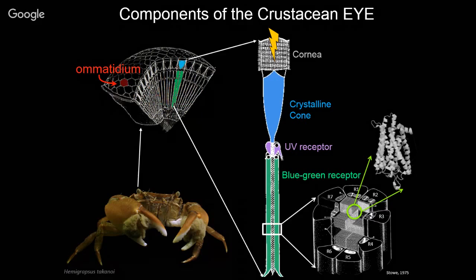So one thing to take note of is that in most animal species, there is one visual pigment that's responsible for the blue-green sensitivity of the main receptor, and there's another visual pigment that's responsible for the ultraviolet sensitivity of that UV receptor. So for every spectrally distinct receptor, there's a different visual pigment responsible for that. So that's how a typical crustacean eye is put together.